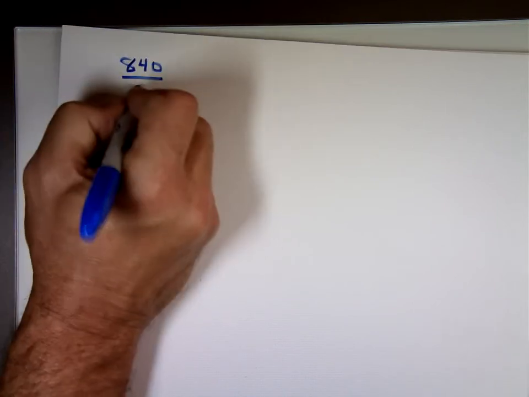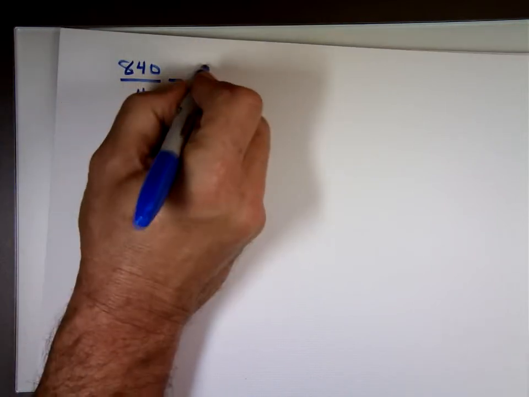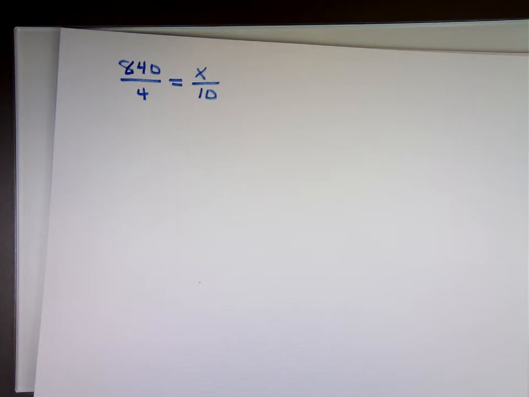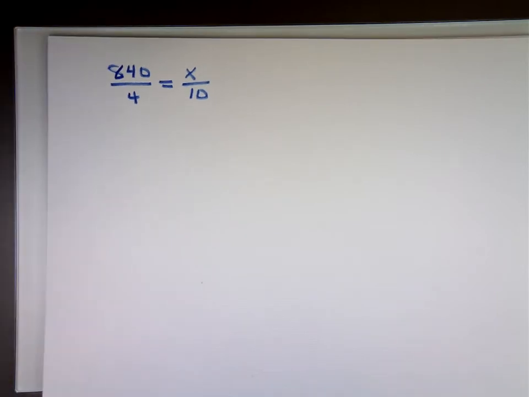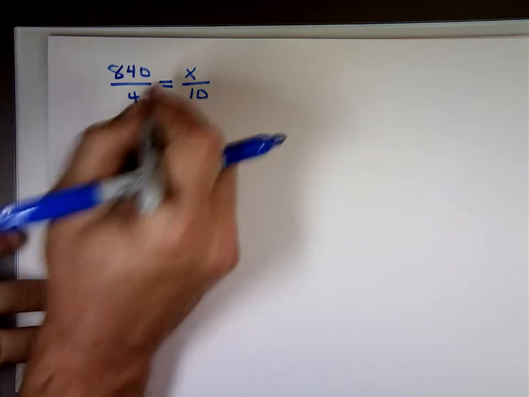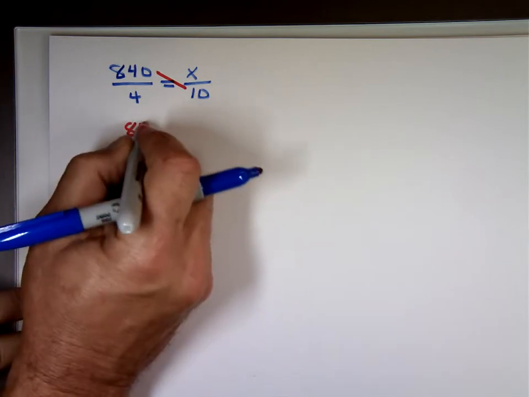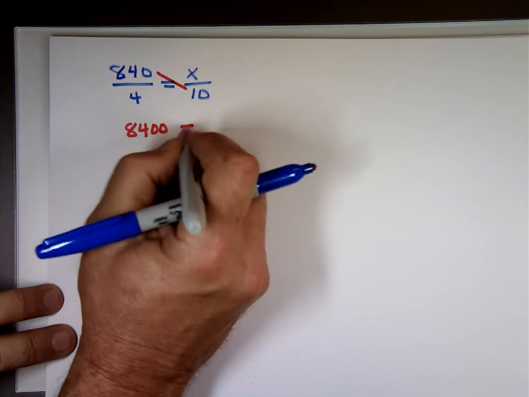840 over 4 equals x over 10. Solve for x. Cross multiply. 840 times 10, equals 4 times x.